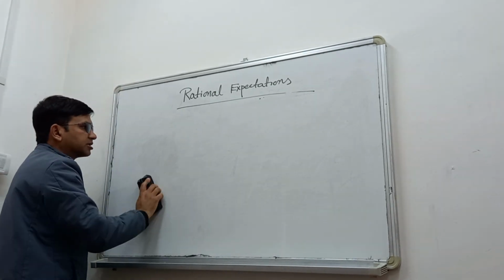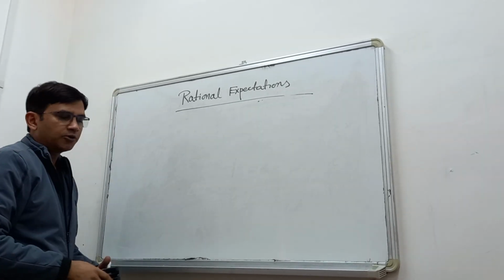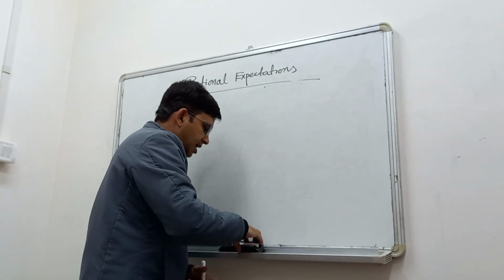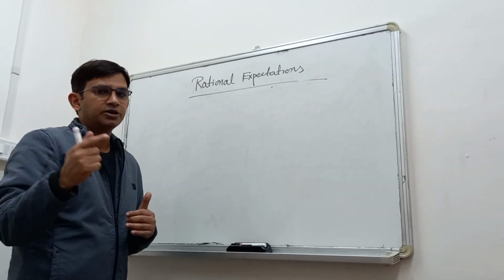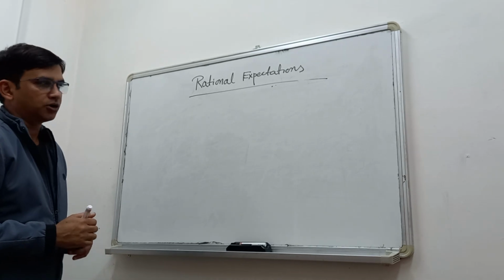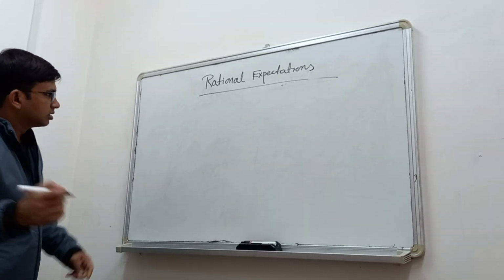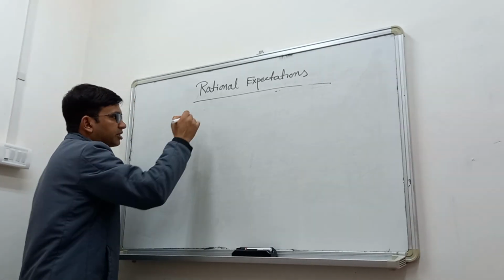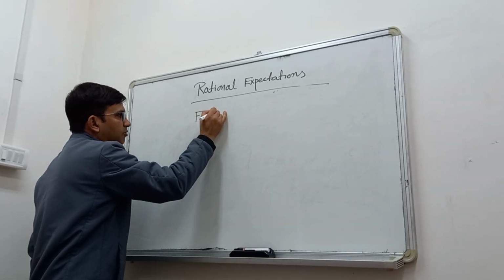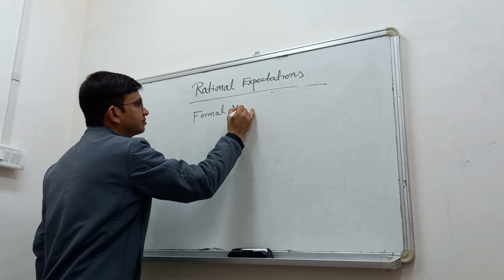So, in other words, the divergence of output from its natural level and cyclical unemployment, they will be determined only by the supply shocks. So, first, let us start with the formal model of rational expectation.